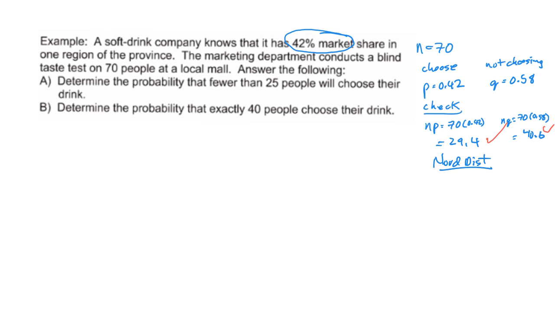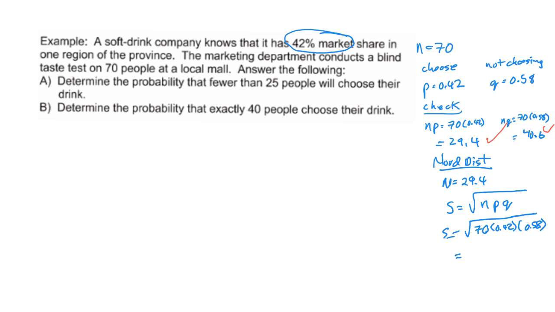So remember, we already calculated our mean. Let's call it mu. Our mu value was 29.4. We calculated it before, but now we have to calculate our standard deviation, which is equal to the square root of n times p times q. So S is equal to the square root of 70 times 0.42 times 0.58.